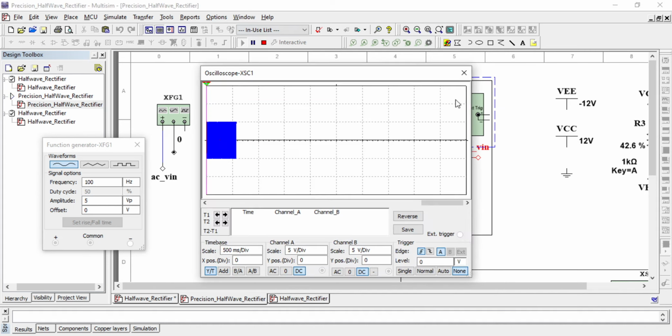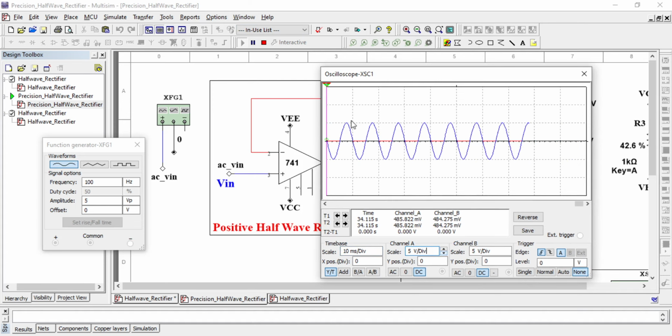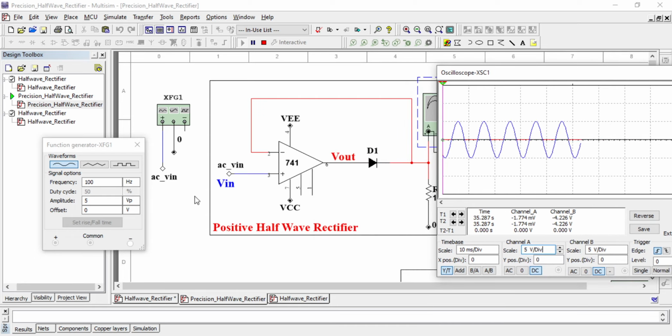Now let us see the behavior. In the output you can see we have 5 volt peak to peak input voltage, because this is blue in color, whereas if you observe the output, you can see the output is red colored 5 volt peak.